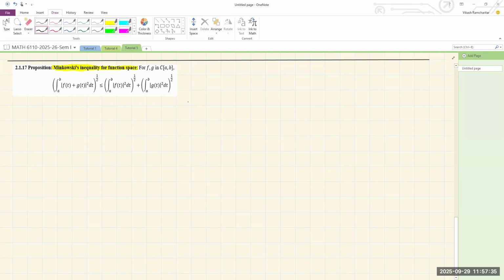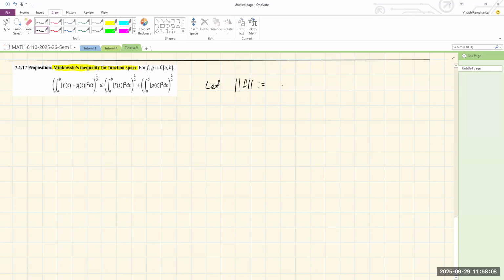So how to prove this? Just like with the Cauchy-Schwarz inequality, to keep from having to write the integral from a to b of modulus of f squared, then the square root and all of that, we're going to let this symbol here, which will actually be a norm, stand for it. So I'm just going to call it norm f.